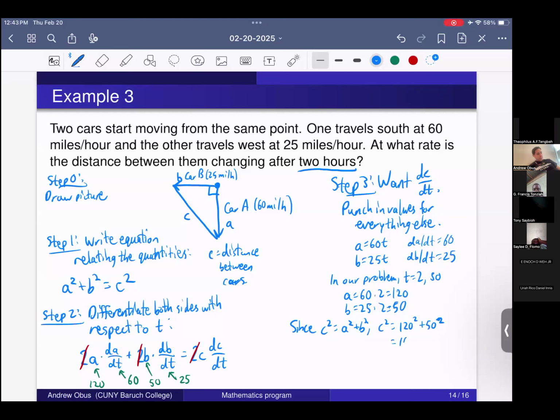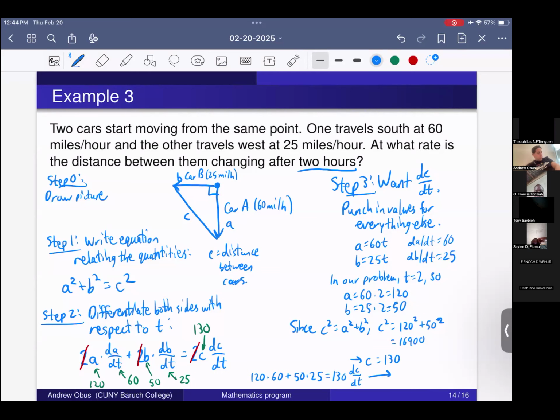And it turns out that this is equal to 16,900, and this gives us that C is equal to 130. So this C here is going to be 130. And so what we're left with is the equation that we want to solve. We get 120 times 60 plus 50 times 25 is equal to 130 times dc dt.